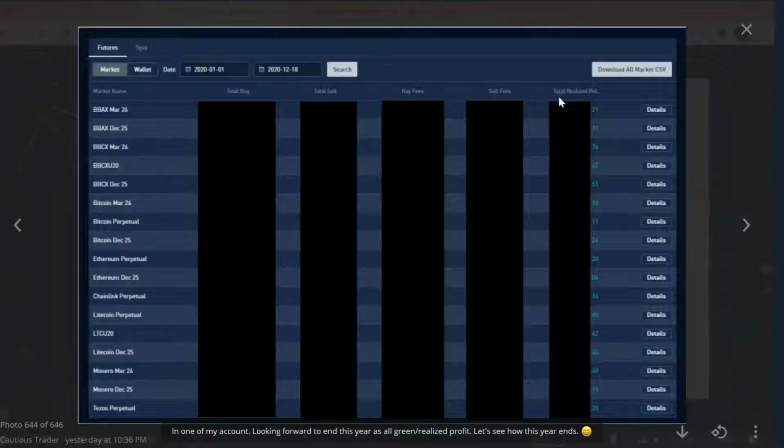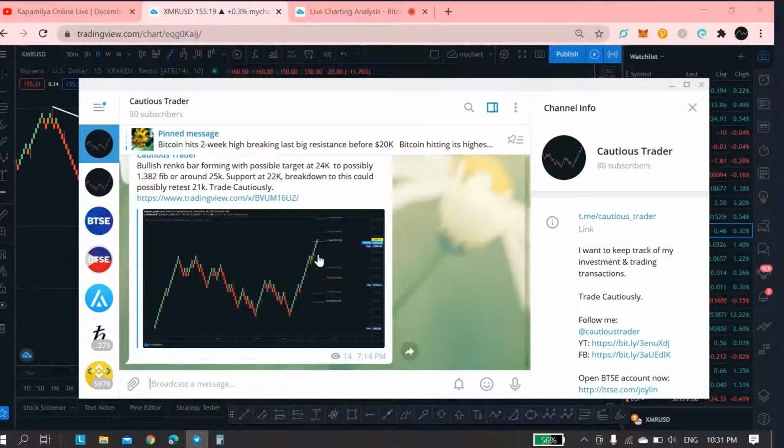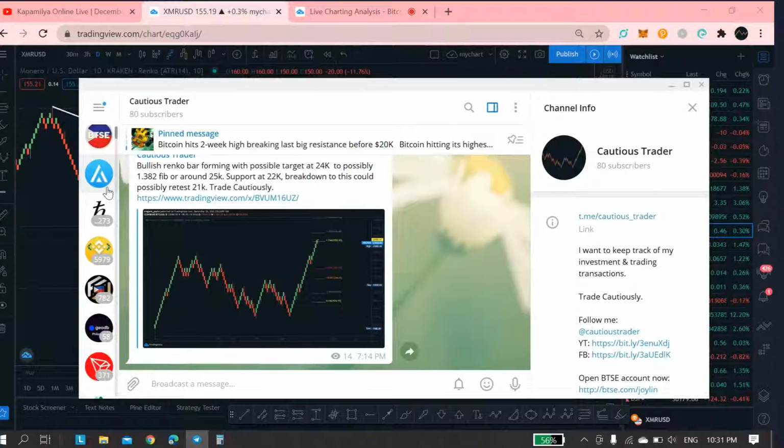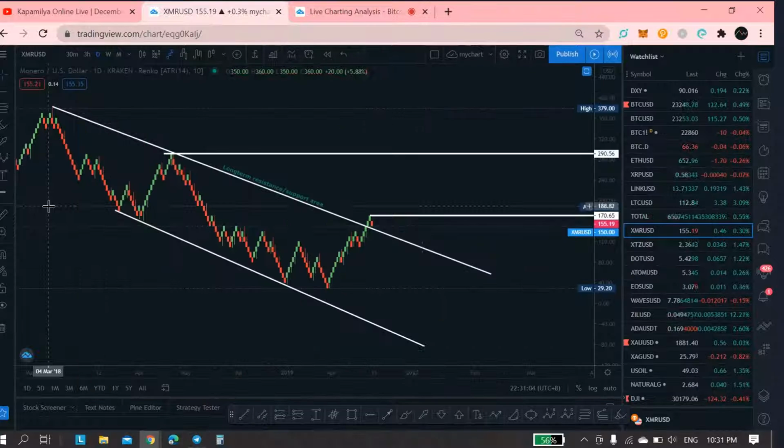Most of it I managed to have a realized PNL. And most of my trades at the moment, since the year is ending in just a few days, are just small positions.